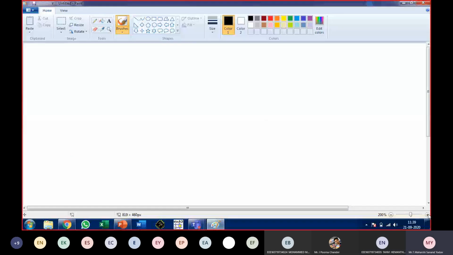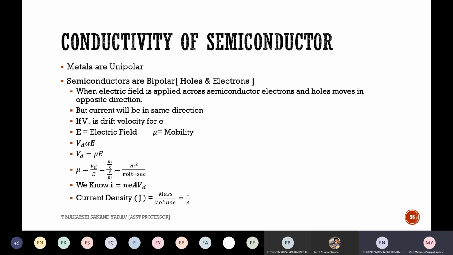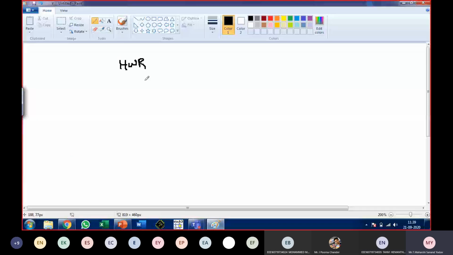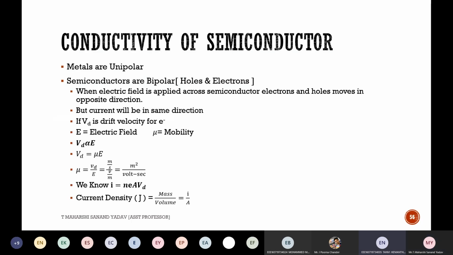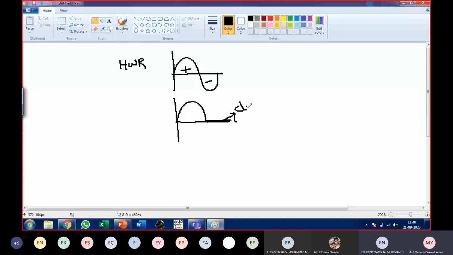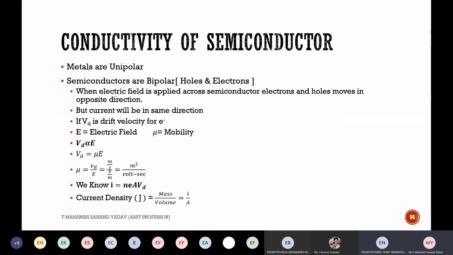I think you are able to see the screen, right? But I'll write it here. For the half wave rectifier, when the input is sinusoidal, what is the output? I got output for the positive half. What happened to the negative half? No output. So we say it is clipped, which means it is removed.